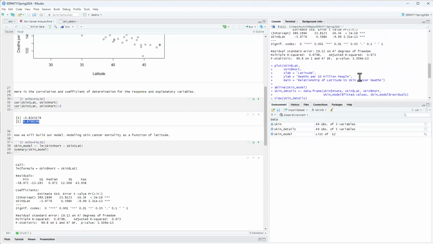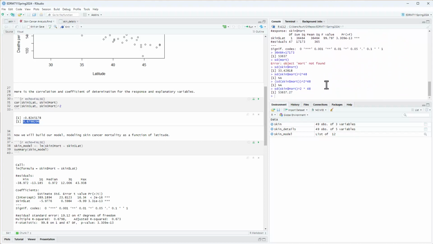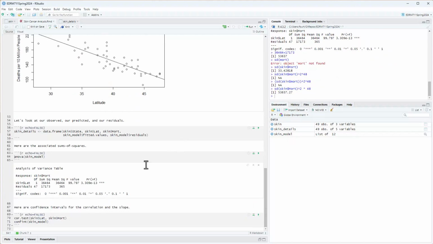So I believe we have those up here. We calculated these from a previous video. Yes, we actually created an ANOVA table, and I still have the total sitting down here of 53637. So if I were to take the model sums of squares, which is 36464, I'm finding that number right here in the ANOVA table, the analysis of variance table, 36464.